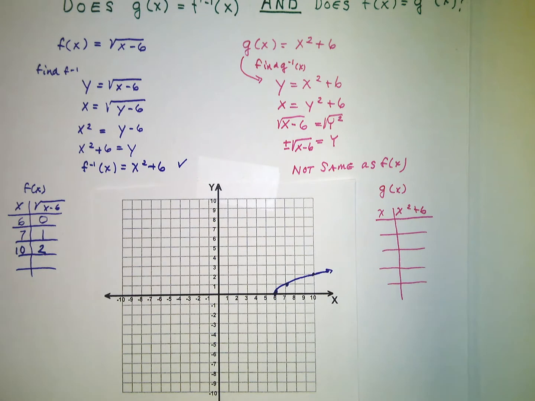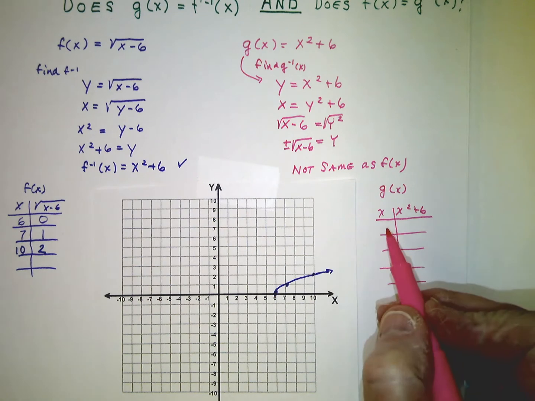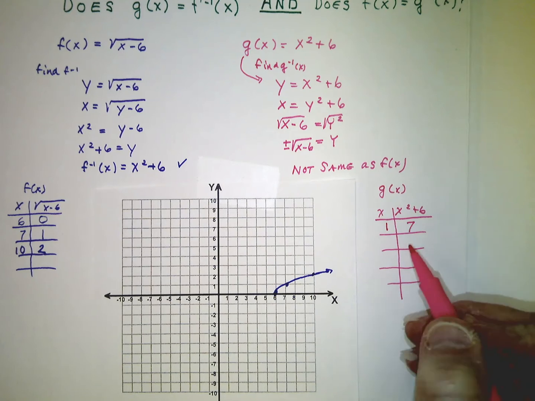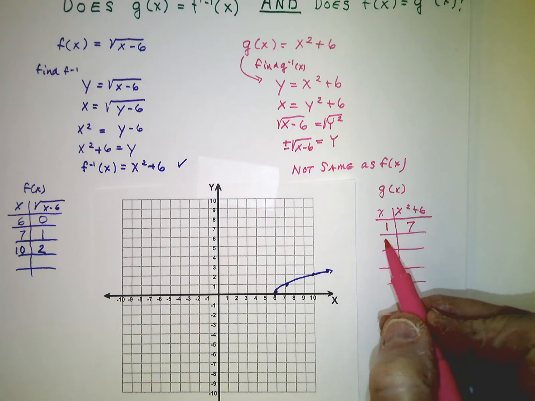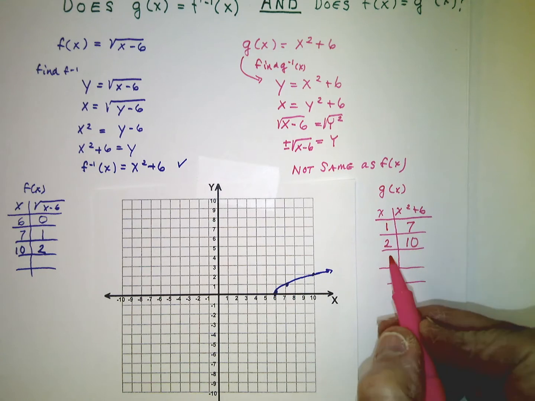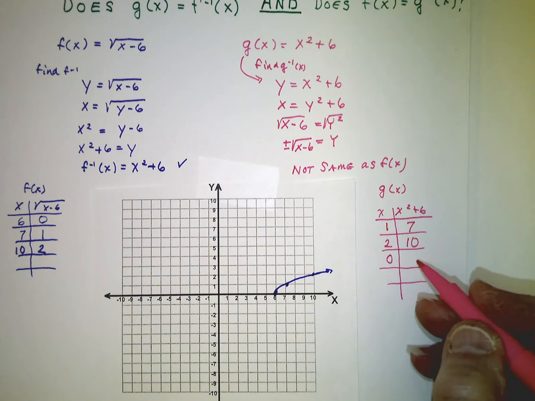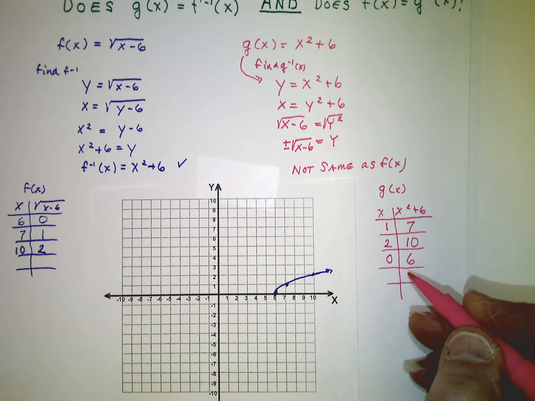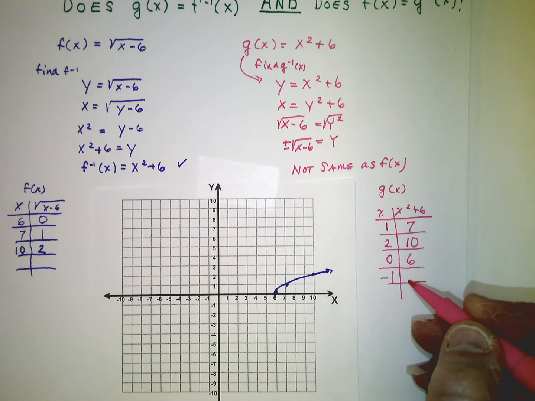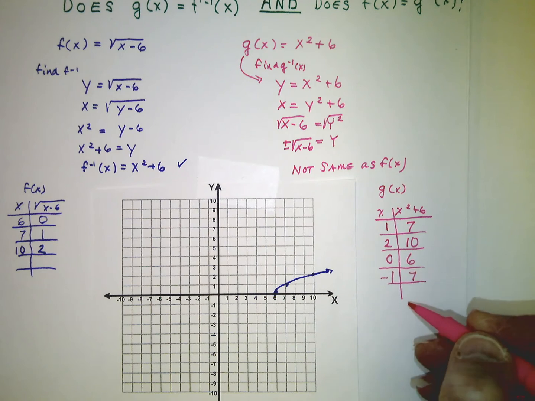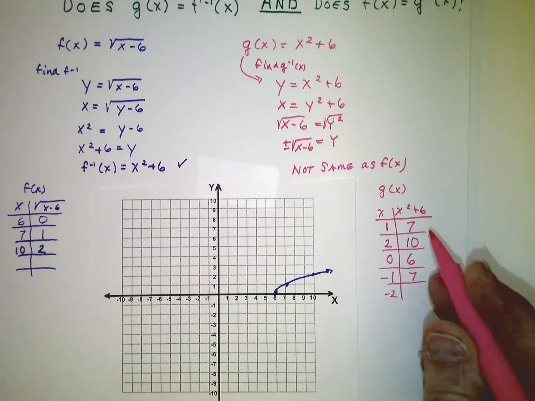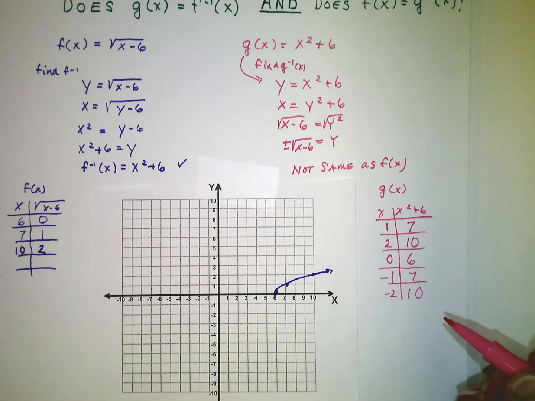Over here, if we put in a 1 and square it, we get 7. If we put in a 2 and square it, add 6, we get 10. If we put in a 0 and square it and add 6, we get 6. If we put in a negative 1 and square it, add 6, we get 7. If we put in a negative 2, square it, add 6, we get 10.